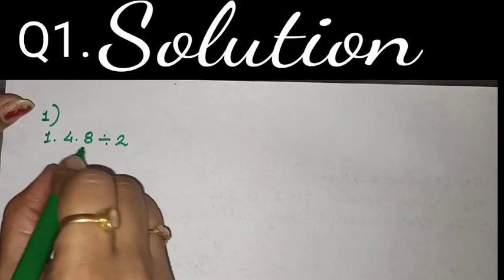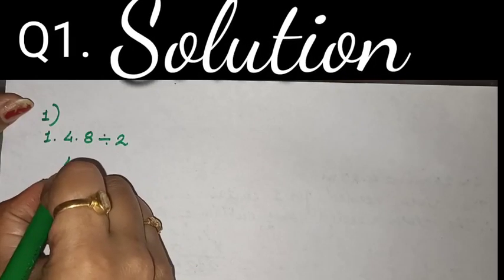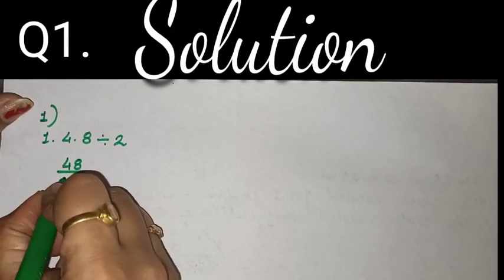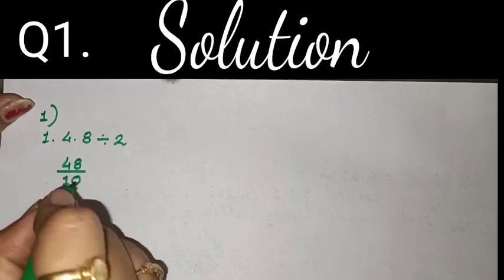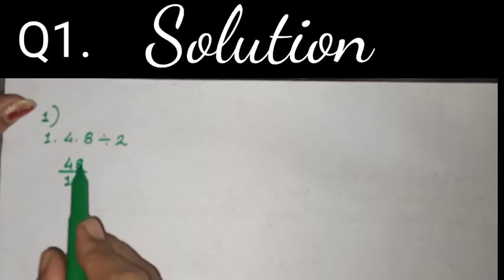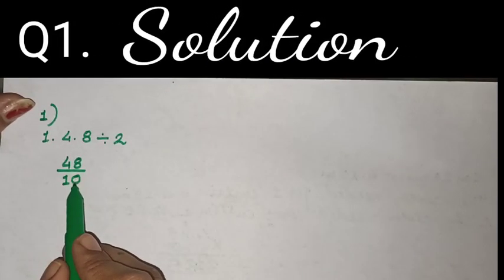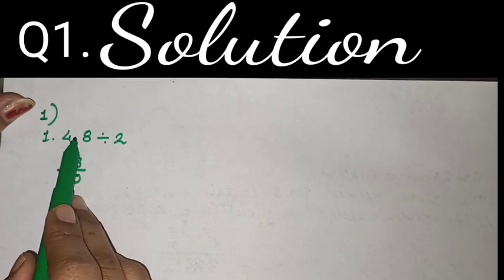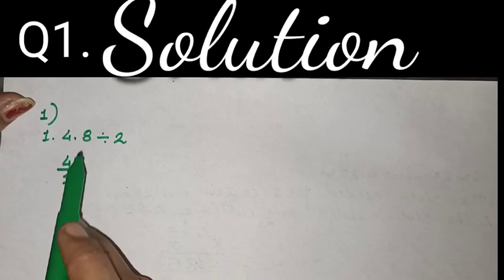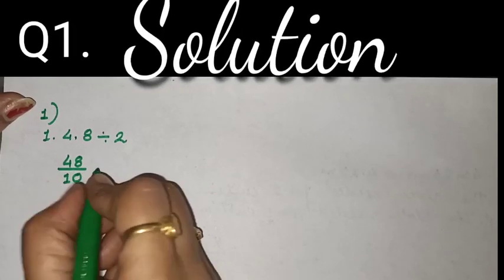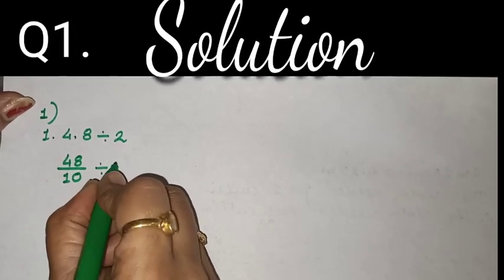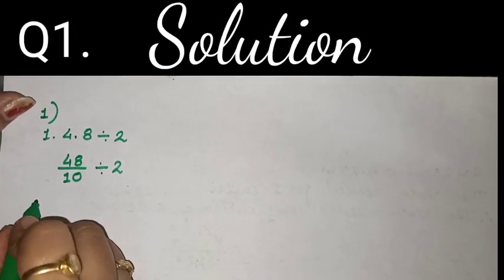So 4.8 means 48 upon 10. Correct? In the fraction form, if we convert it, it will be 48 upon 10. Why? Because there is only one digit after the decimal point. So divide it with 2. So here what is the rule?